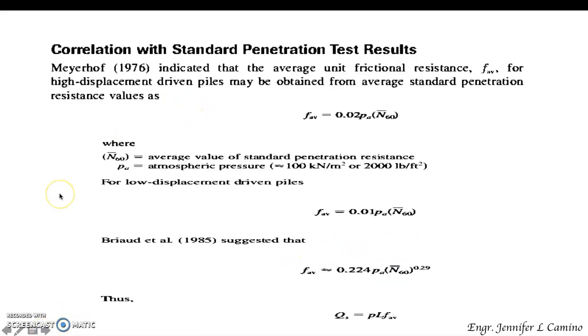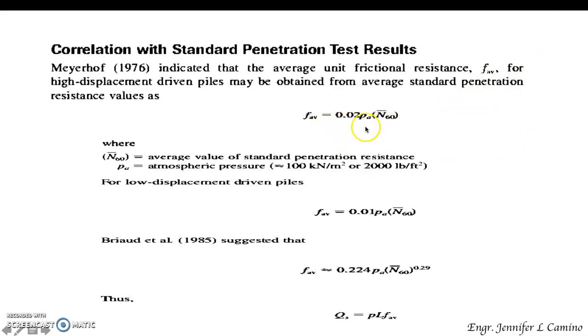So we move on now to correlation with standard penetration test result. According to Meyerhof, the average unit frictional resistance F sub AB for high displacement driven pile may be obtained from the average standard penetration resistance value.